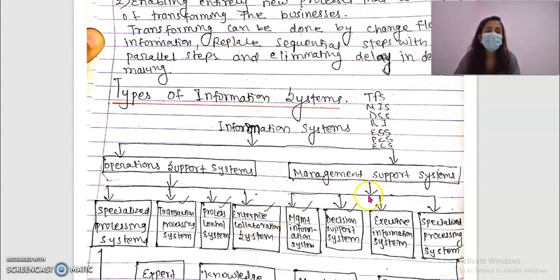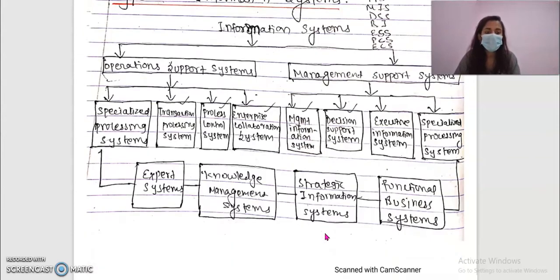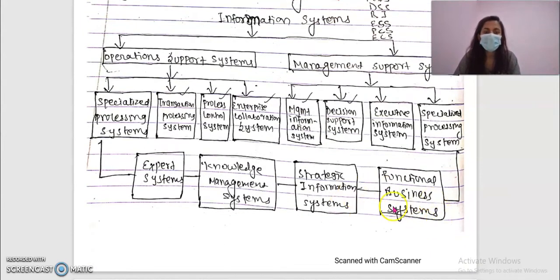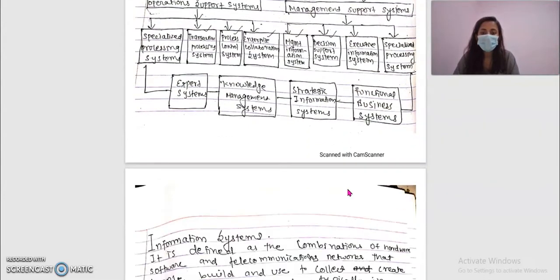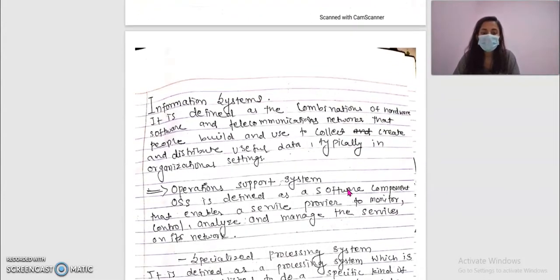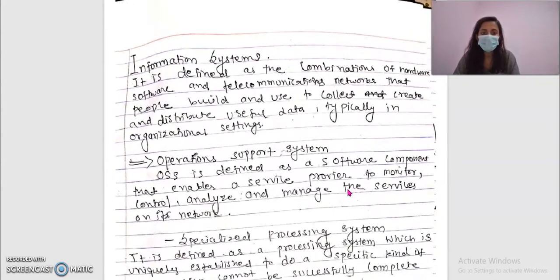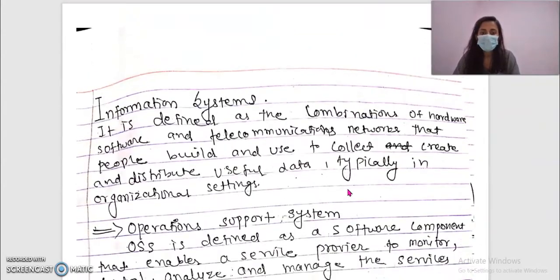Management support system includes management information system, decision support system, executive information system, and specialized processing system. So these are the types of information system. So this is the explanation of these types.